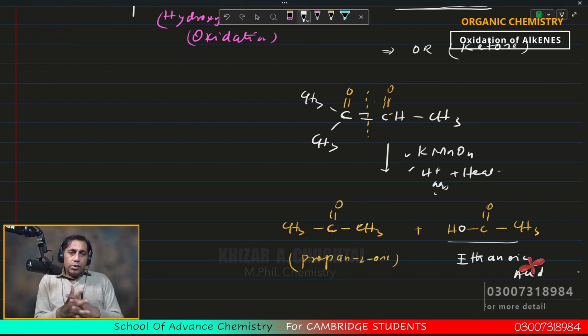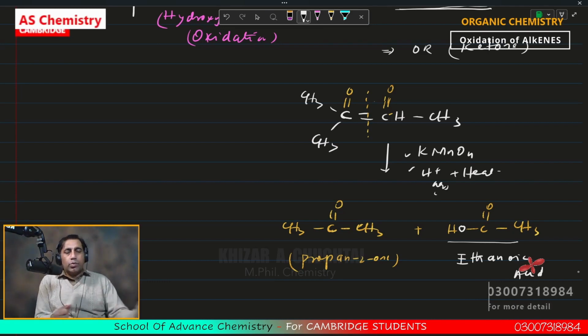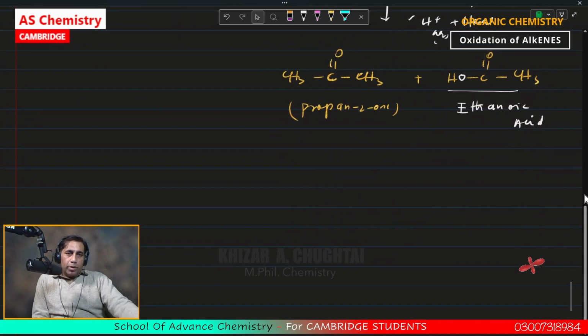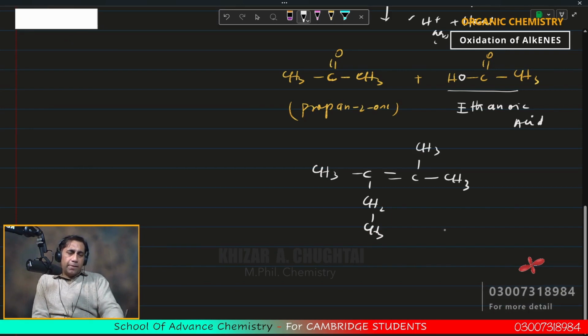Yes. So basically, this is the way how to diagnose, how to predict, and so on. Let's see, I'm going to write another example. For example, I'm having CH3, CH2, and CH3 double bond, this is having CH3 and CH3.